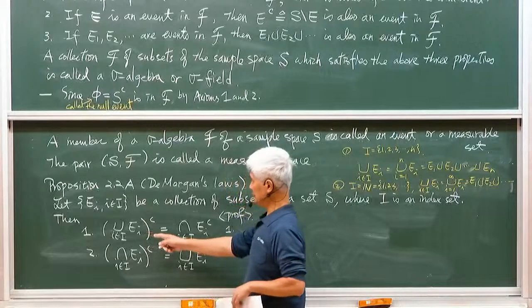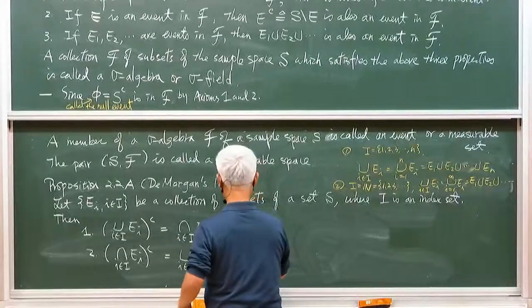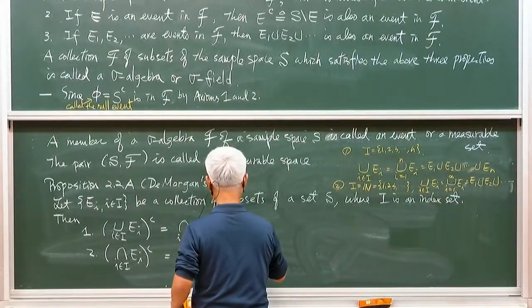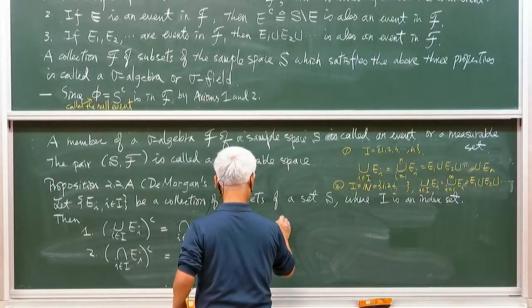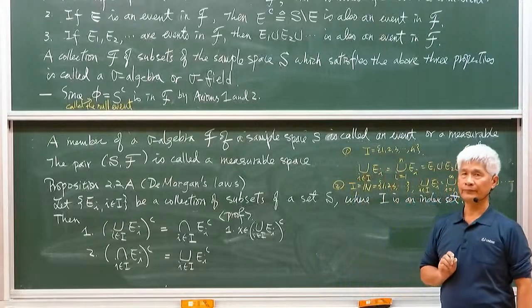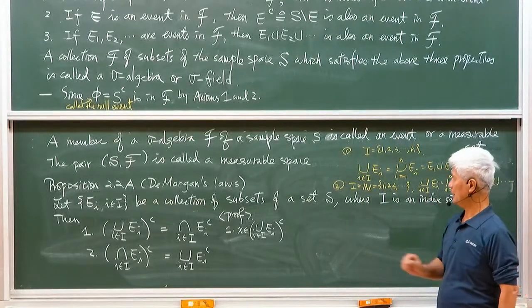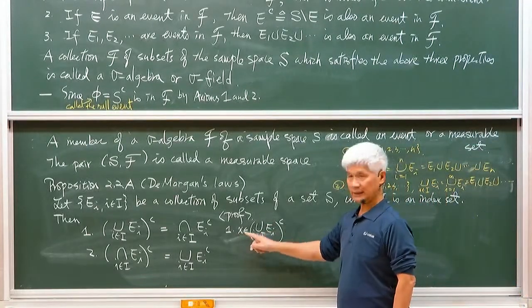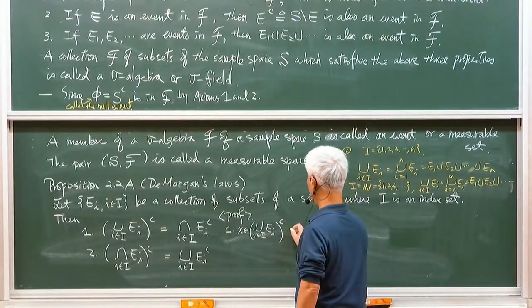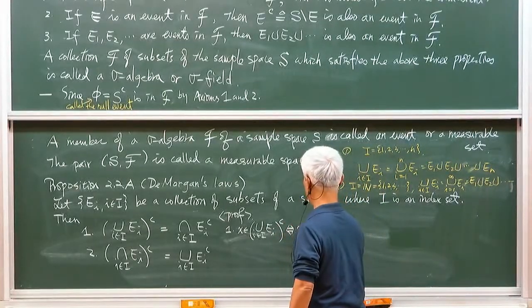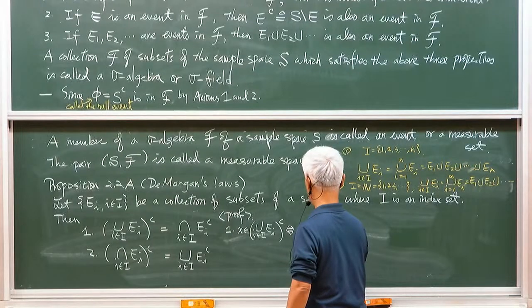So you can see the proof. To prove that, suppose X is an element of this set, but it is in the complement, which means that X is not in the union.